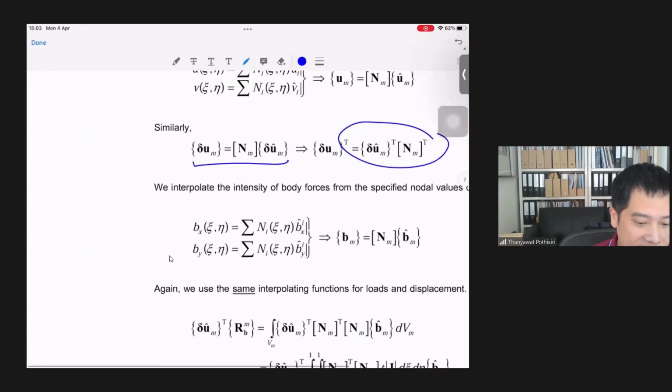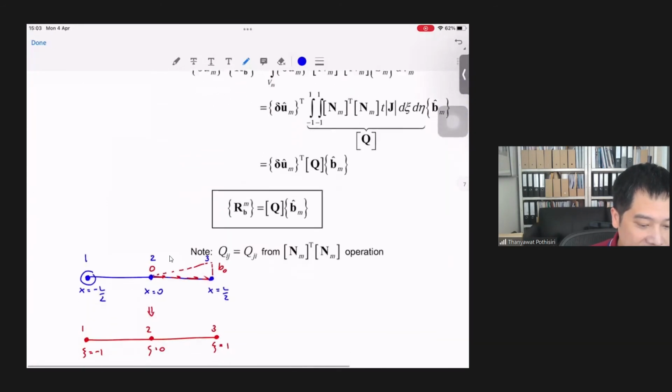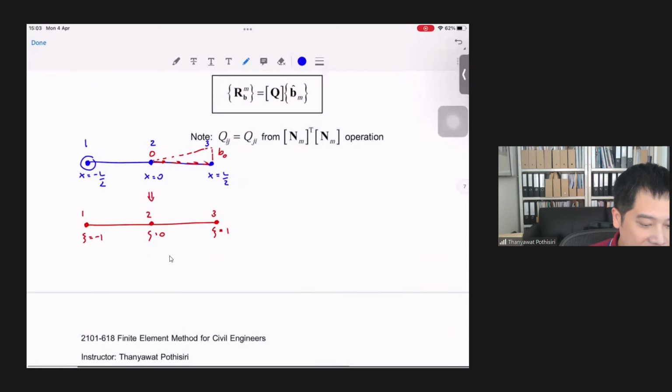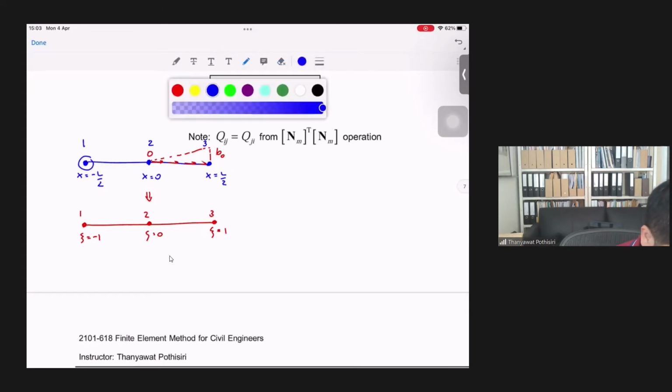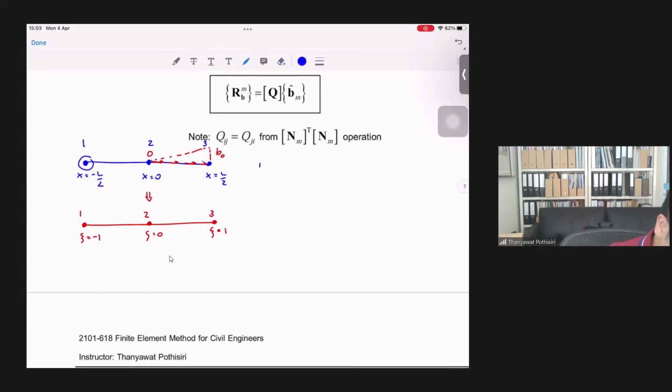So what I need is N1 in this case. N1 takes this form.